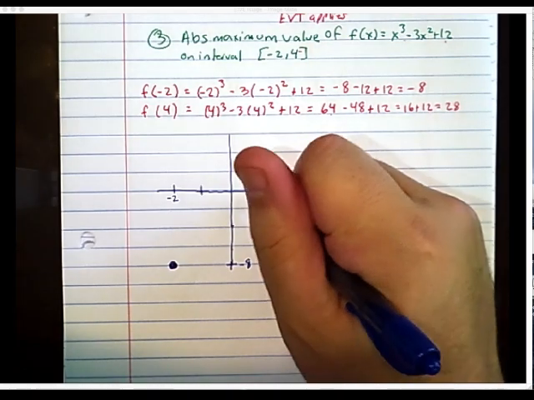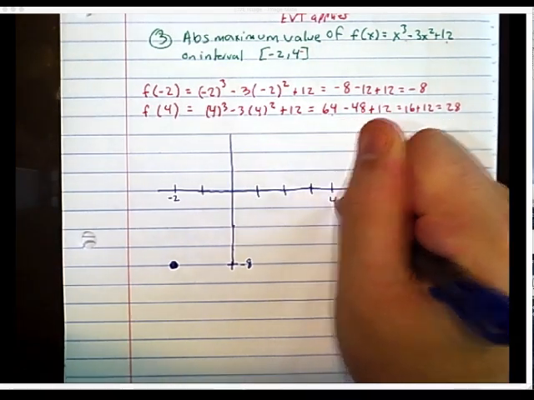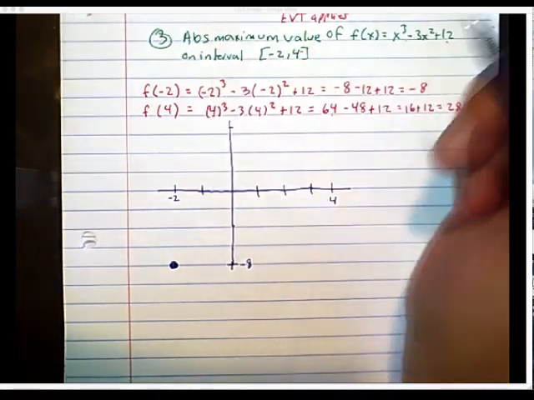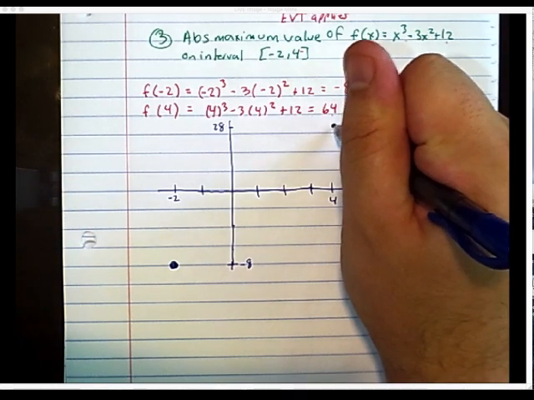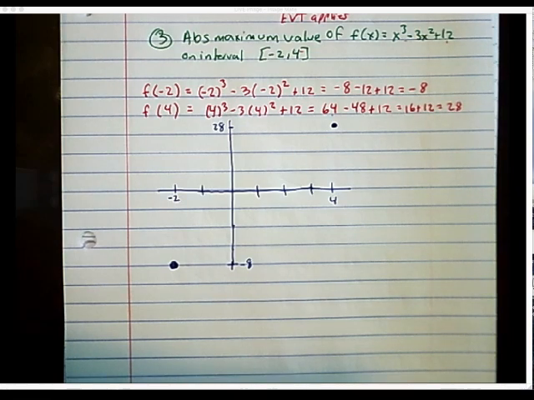And I know when the x value is 4, let's just call this positive 28 up here. Like I said, it's not to scale. Okay. So I know the two endpoints.